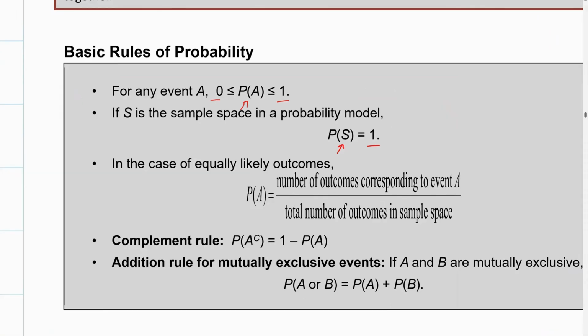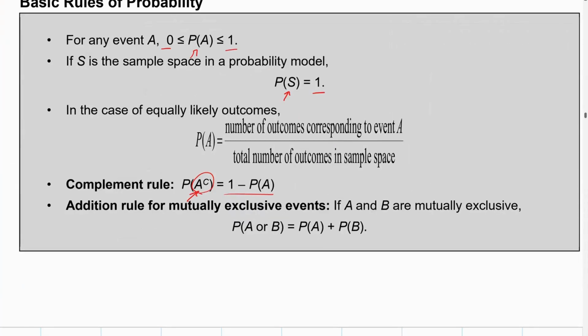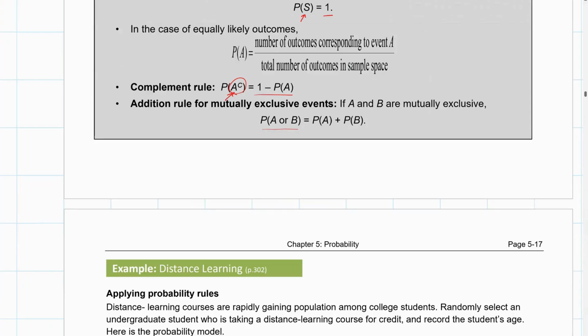For the idea of the event A not happening, we use a superscript C. We read A superscript C as event A not happening. And as I said before, it can be found by taking 1 minus the probability the event does happen. And again, if two events are mutually exclusive, then the probability of A or B happening is the probability of A plus the probability of B. Let's try these out with some examples.